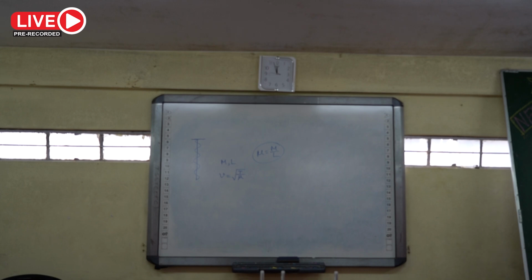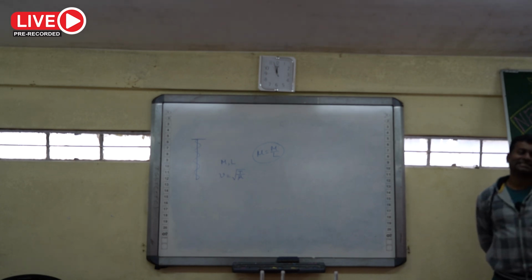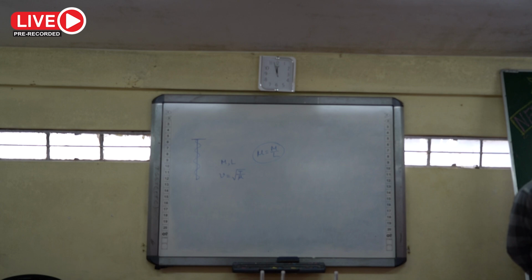Distance travelled equals speed into time. You cannot use distance travelled equals speed into time. Why?